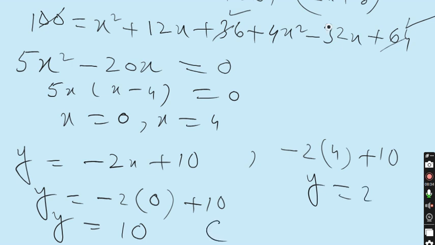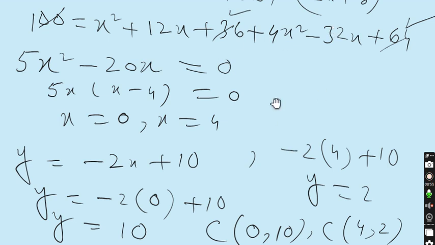Hence the coordinates of C are: when x is 0, then y is 10, or when x is 4, y is 2. This is the final answer: (0, 10) and (4, 2).